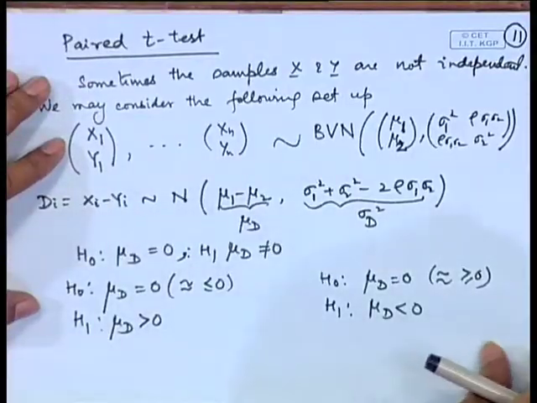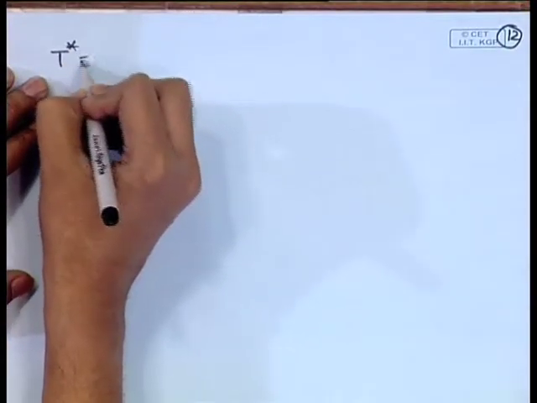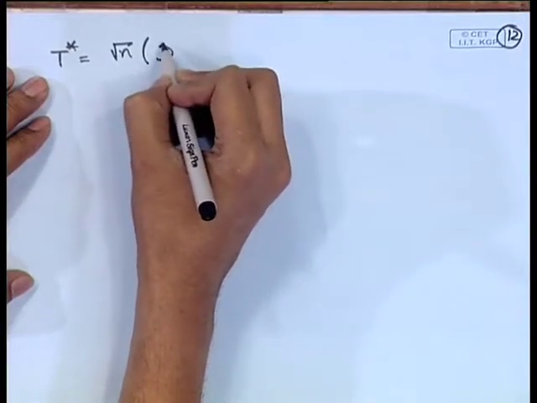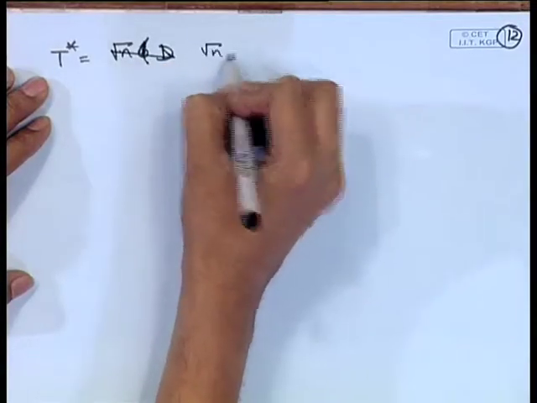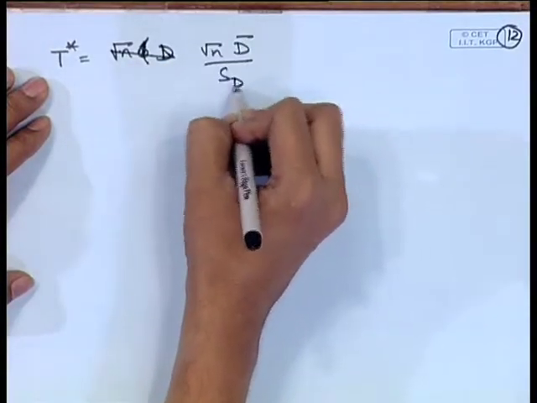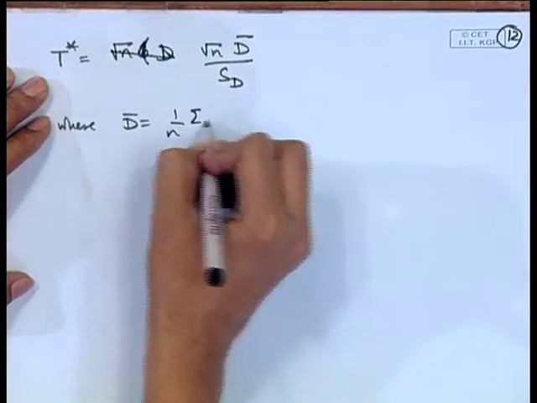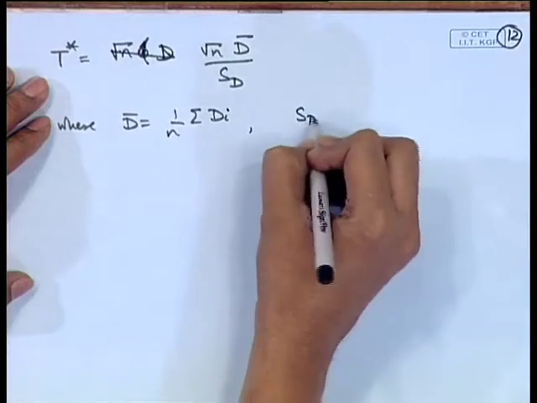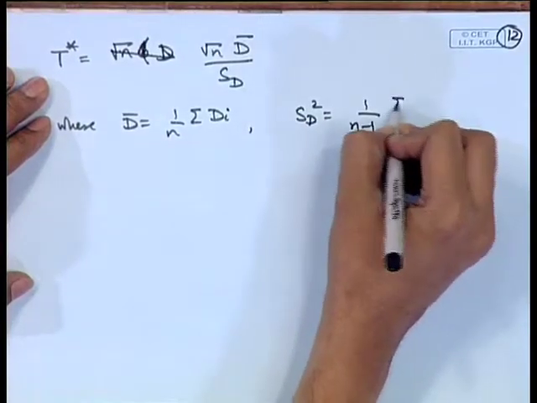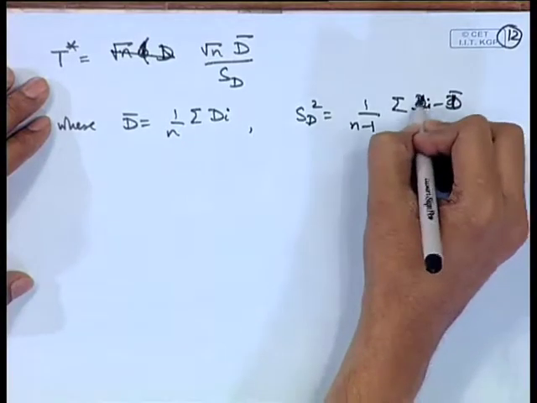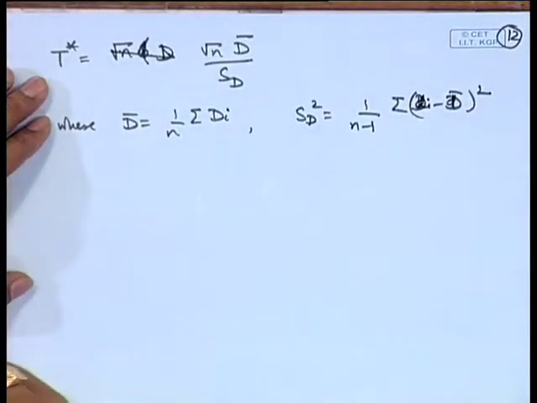So, if we consider here the statistic defined by t star is equal to root n d bar divided by s d, where d bar is the mean of d i's, s d square is the sample variance of the d i minus d bar square.